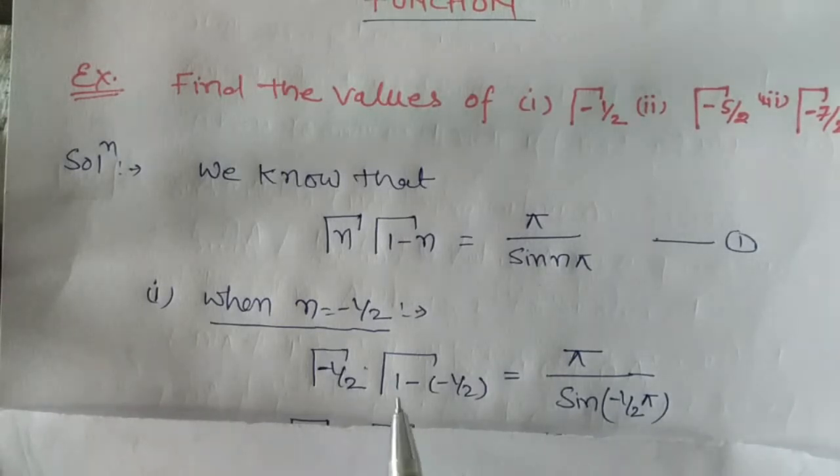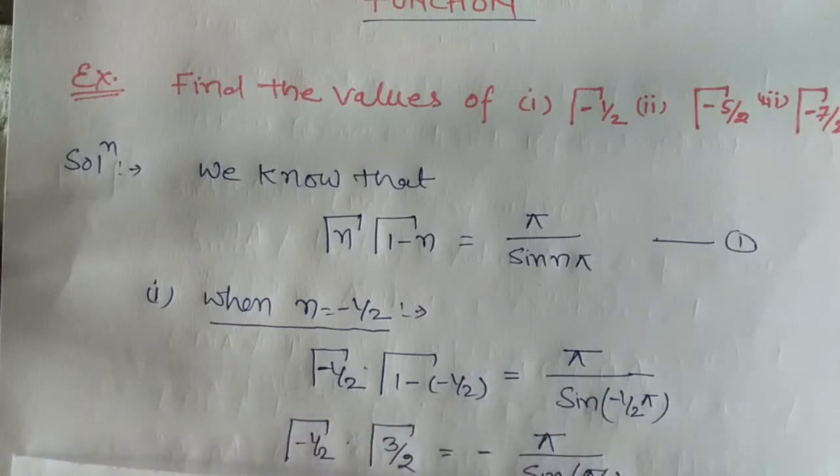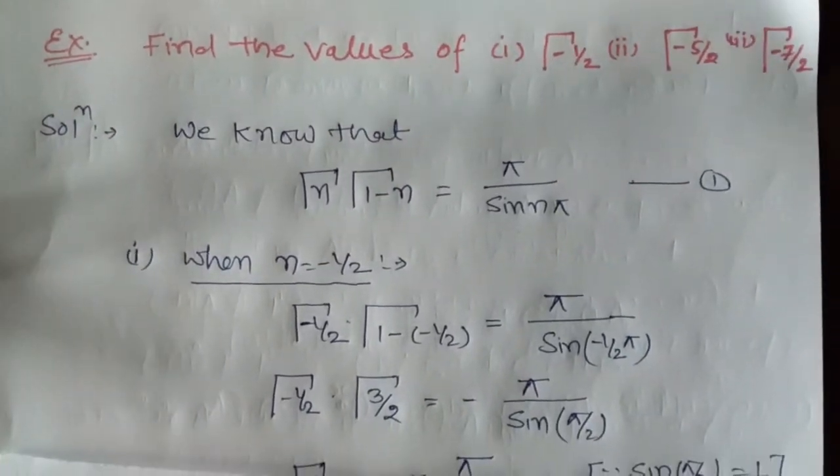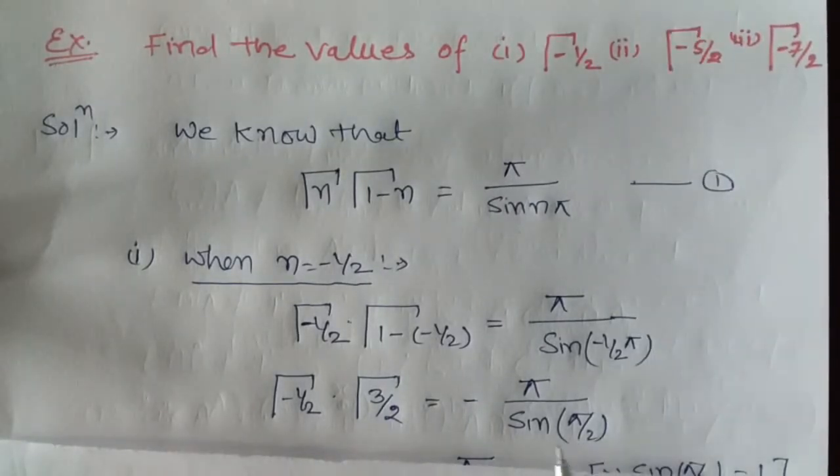Now this is gamma of negative half, and here we have negative positive, then 1 plus 1 by 2 is 3 by 2, so gamma 3 by 2. So gamma minus half into gamma 3 by 2 is equal to pi upon sine pi by 2, negative, because sine of minus theta is minus sine theta.